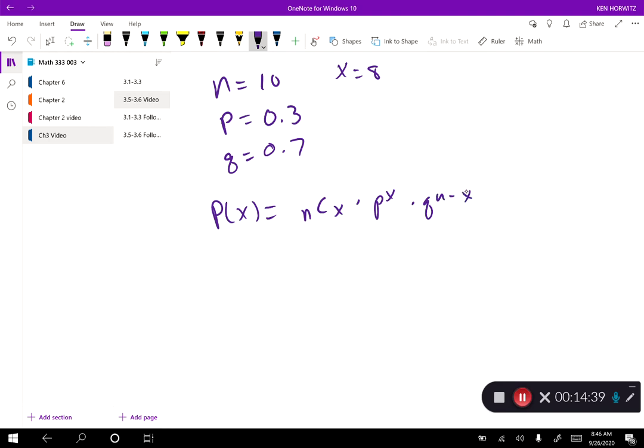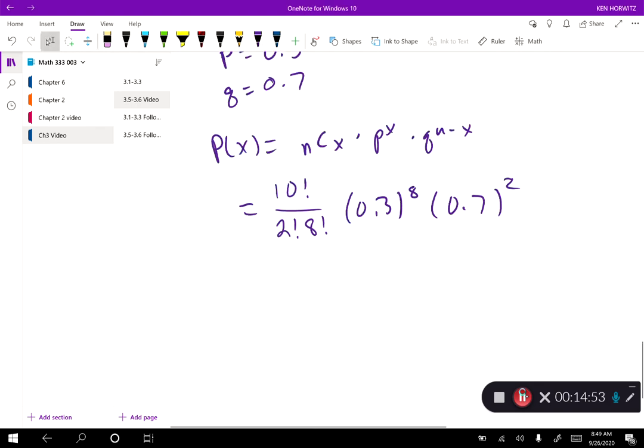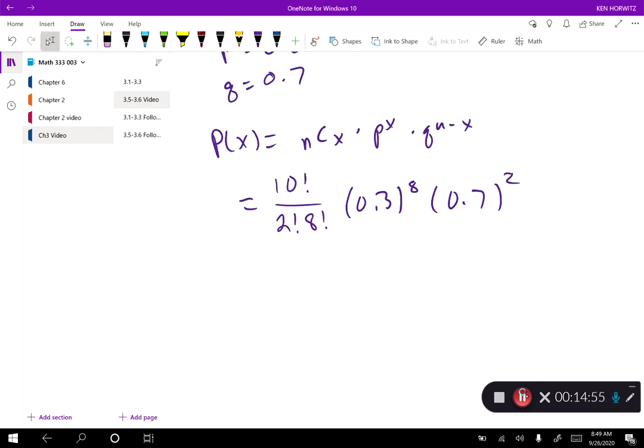Why don't you guys pause the video, start putting this information into the formula. All right, hopefully this is the way these numbers went into your formula. And when you run them through the calculator, I got 0.00144467.